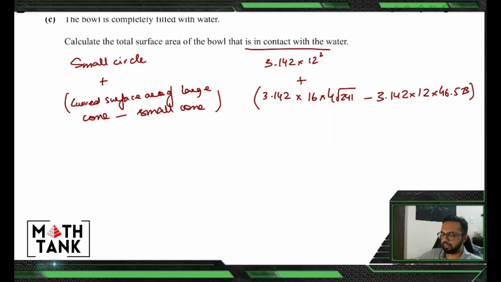Okay, so 3.142 into 12 squared plus 3.142 into 16 into 4 root 241. That gives 1818.18, which is about 1820.